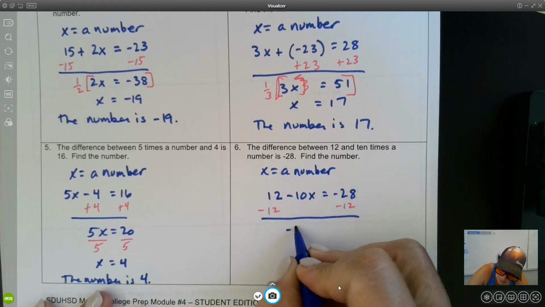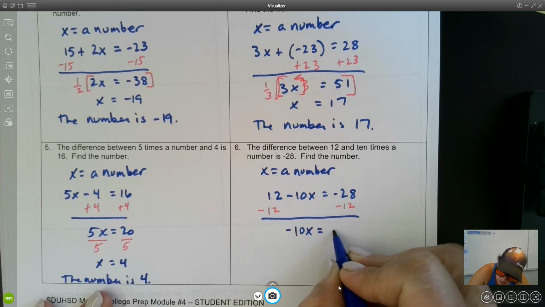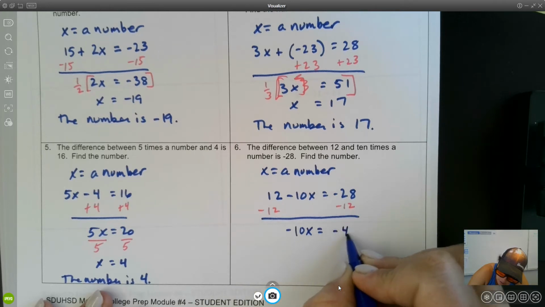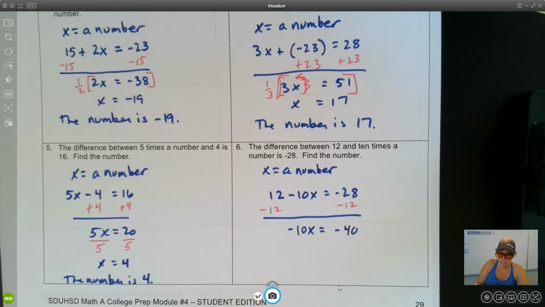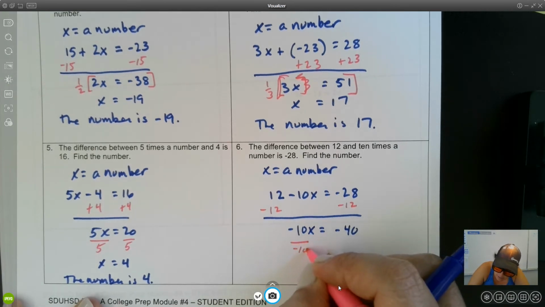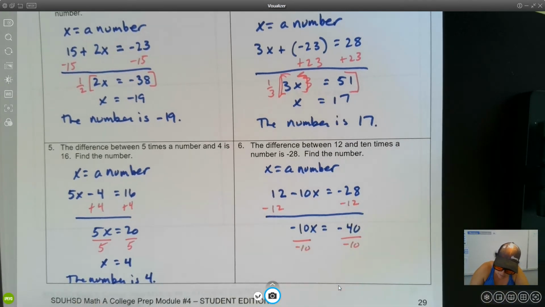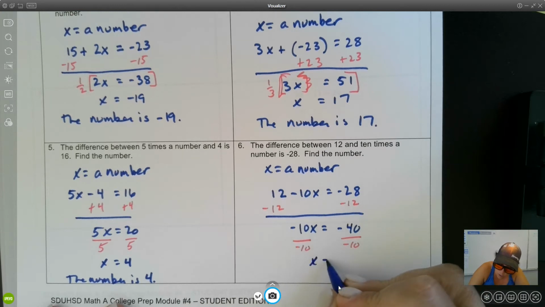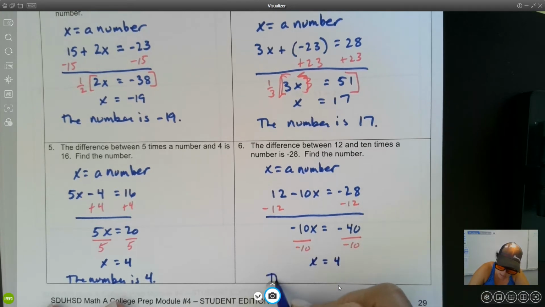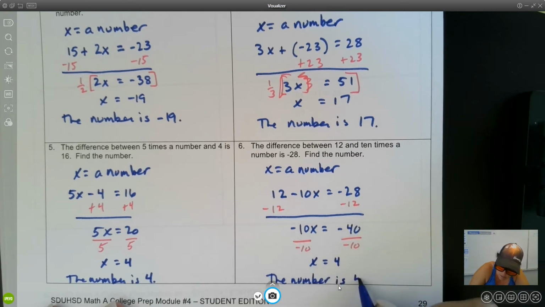Don't lose the negative on the 10x. Divide by the negative 10. You get x equals 4. The number is 4.